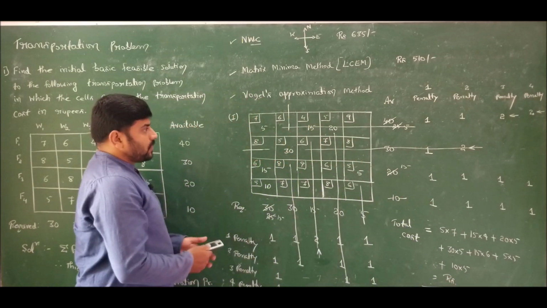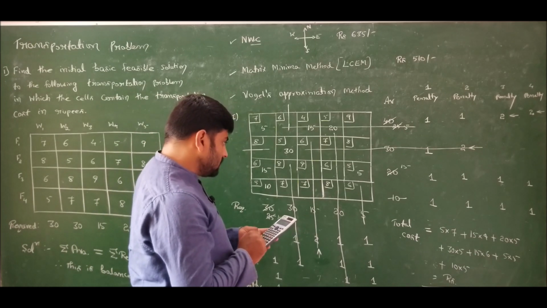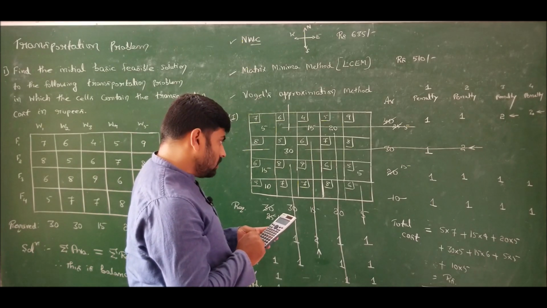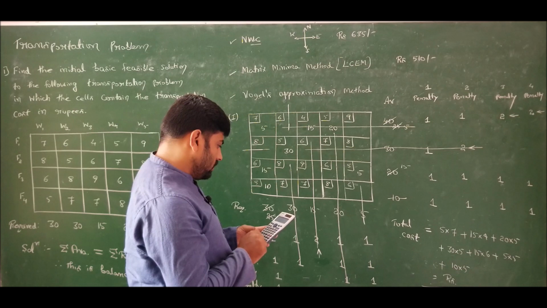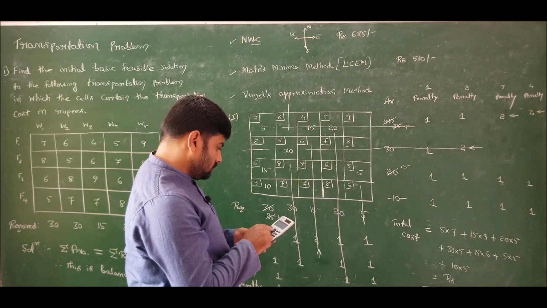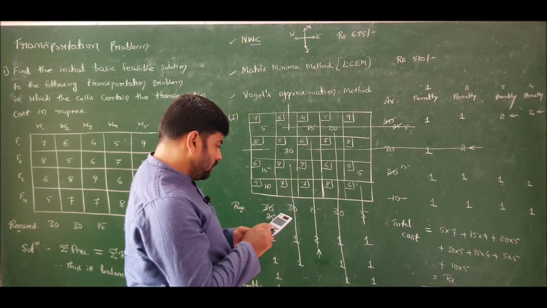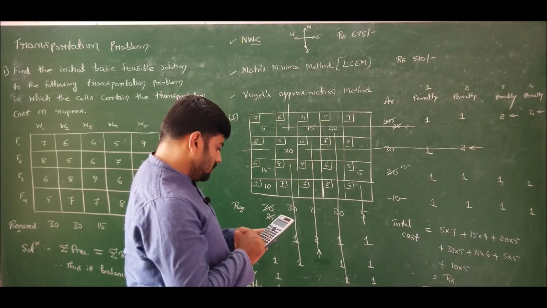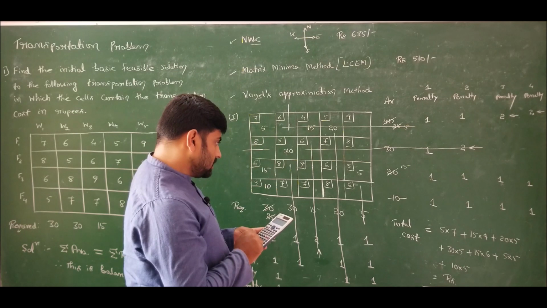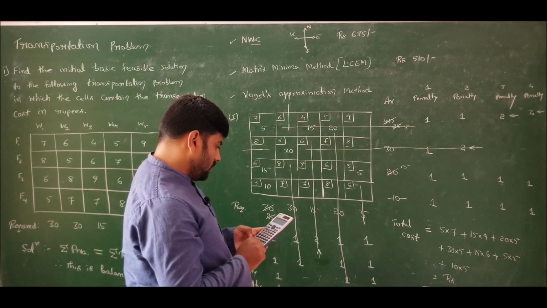So from Vogel's approximation method, I am getting the total cost as 5 into 7 plus 15 into 4 plus 20 into 5 plus 30 into 5 plus 15 into 6 plus 5 into 5 plus 10 into 5.